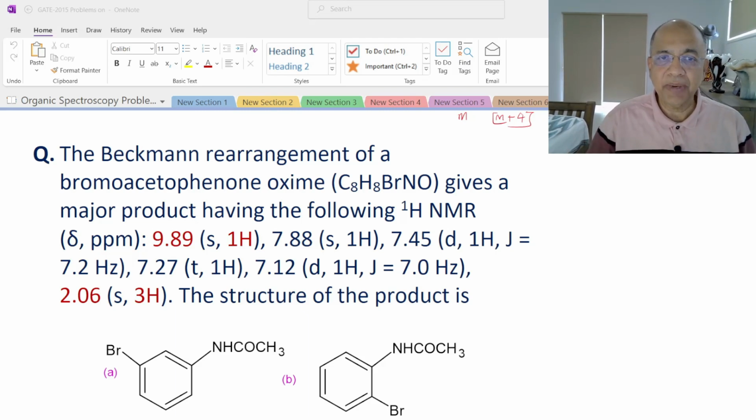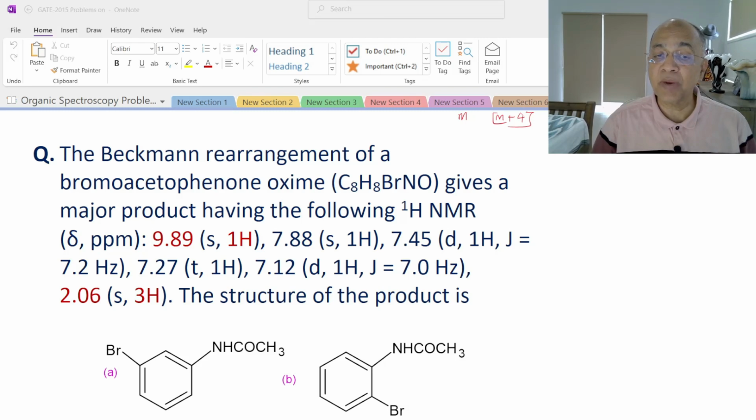It goes like this. The Beckmann rearrangement of a bromoacetophenone oxime gives a major product having the following proton NMR: 9.89 ppm, 1 proton singlet; 7.88, 1 proton singlet; 7.45, 1 proton doublet with a coupling constant around 7 Hz; 7.27, 1 proton triplet; 7.12 ppm, 1 proton doublet with a coupling constant around 7 Hz; and 2.06 ppm, 3 proton singlet.